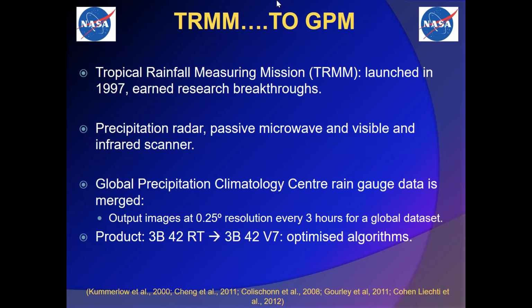This is where the satellite rainfall products were merged with the global precipitation data sets in a specific combination of rules where slight corrections took place in optimized algorithms, and that's how the various products became available. And most commonly used, I would say, is the 3B42RT version of TRMM.